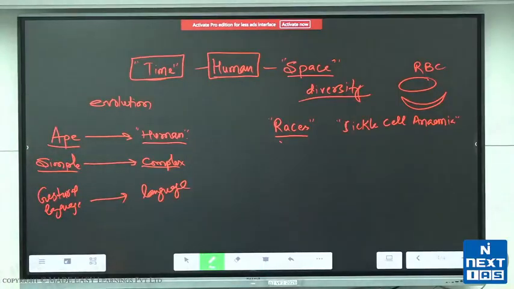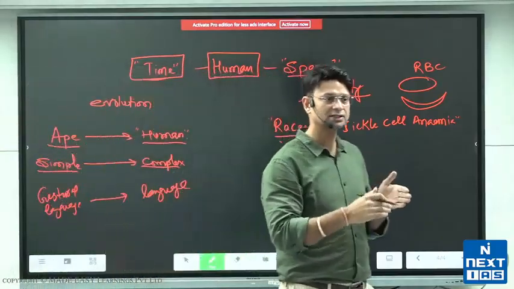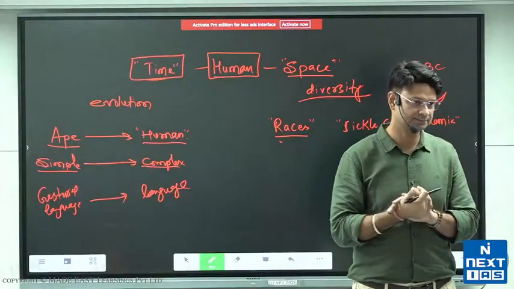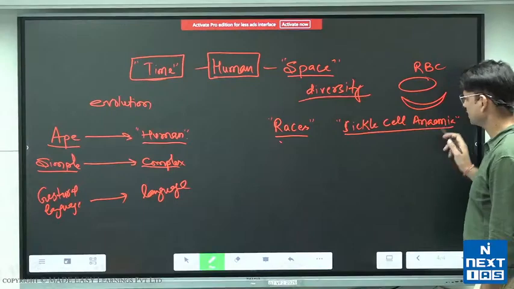अब सिकल सेल एनीमिया क्यों होता है? क्योंकि ये जो सिकल शेप की आरबीसी है, इसकी लाइफ साइकिल उतनी नहीं होती जितनी नॉर्मल आरबीसी की होती है. तो इनके अंदर खून की कमी आ जाती है. ठीक है. Where is this sickle cell anemia found?